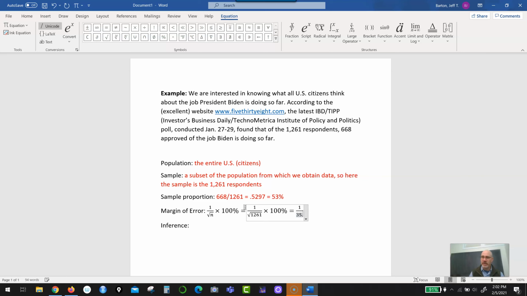Divided by 35.51 times 100%. So what's my final verdict here? So I get about 2.81. So 1261 square root.